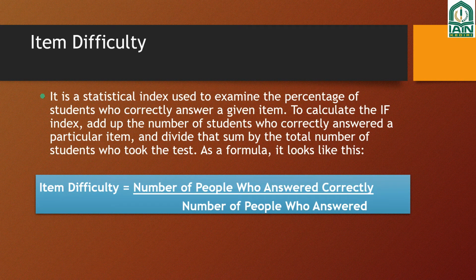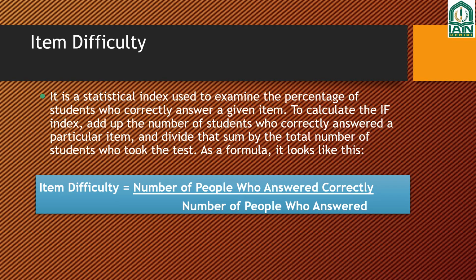Alright, now it's time to discuss item difficulty. Let's recall the definition. It is a statistical index used to examine the percentage of students who correctly answer a given item. So how to calculate the F index? The number of people who answer correctly is divided by the number of people who answer.